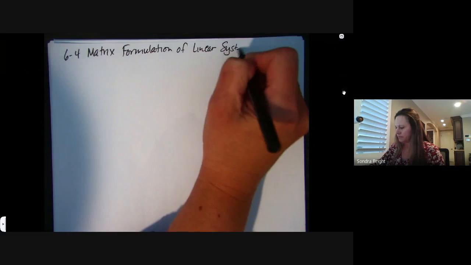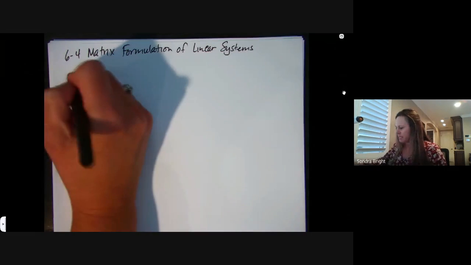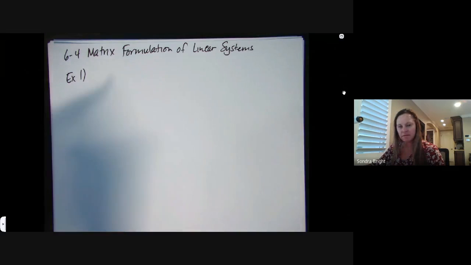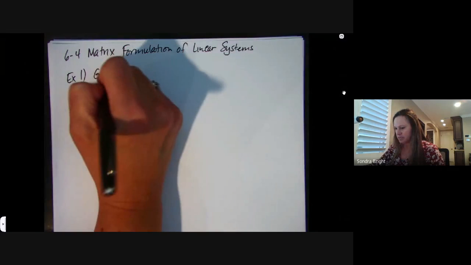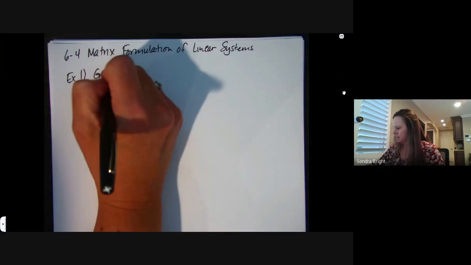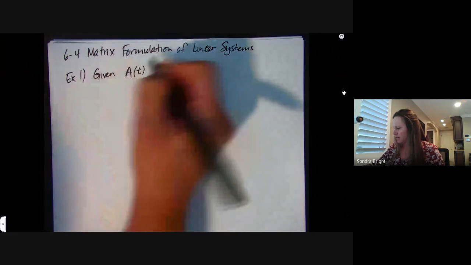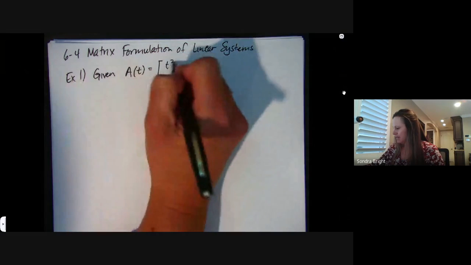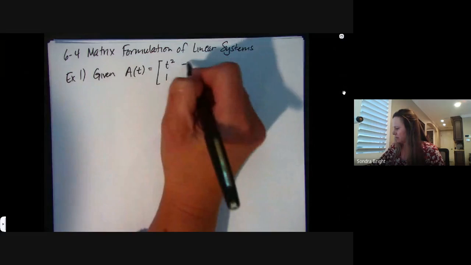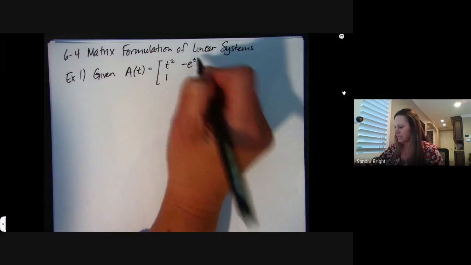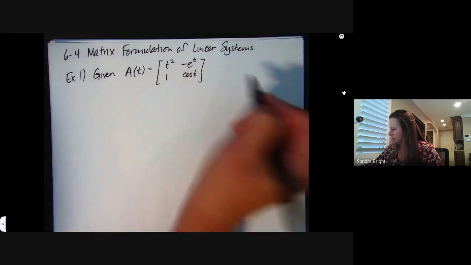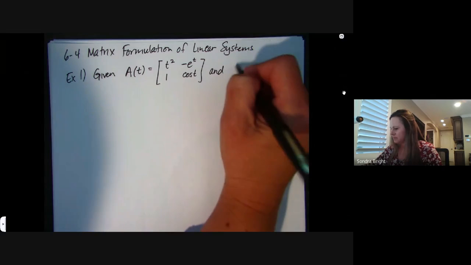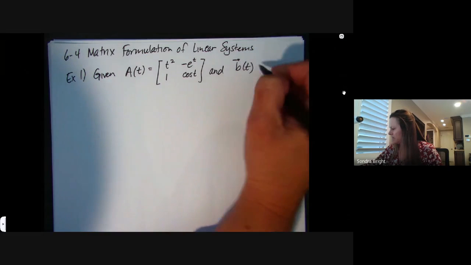All right, so first example: given that your matrix function A is t squared, 1, negative e to the t, and then cosine of t. So they're all functions of t. And b of t is 1, minus t.